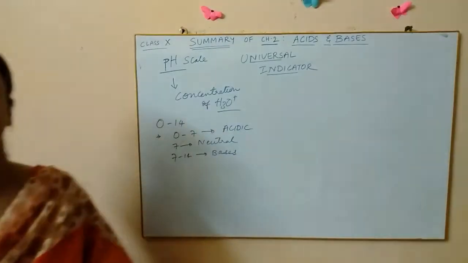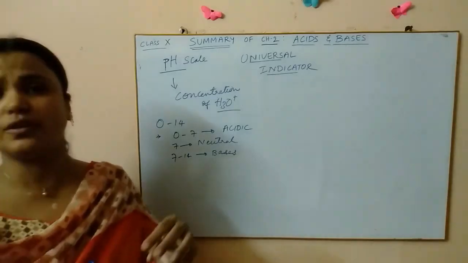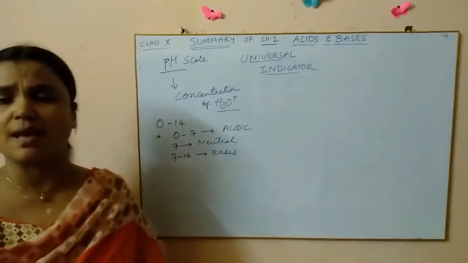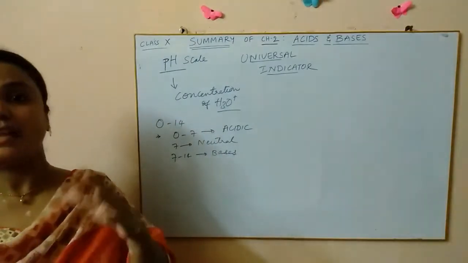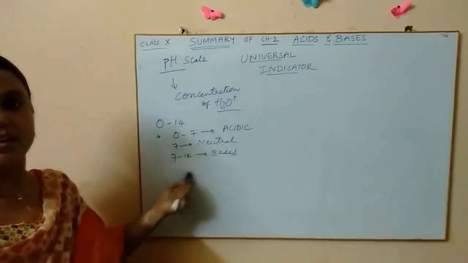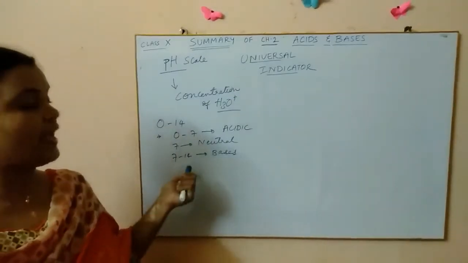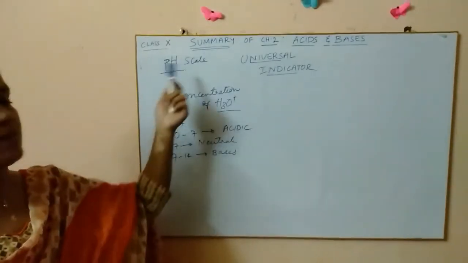I can ask in the examination that a particular solution has a pH of 11.2. What is the nature of that solution? Then you should say that because it falls in the category 7 to 14, it must be a base, and it gives the corresponding color.